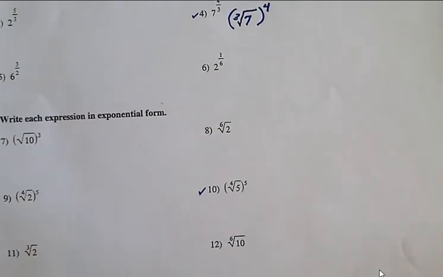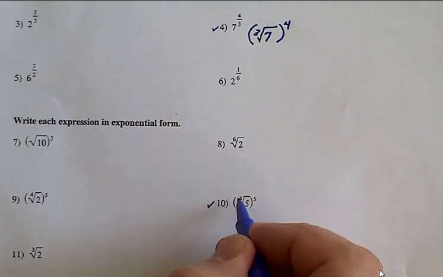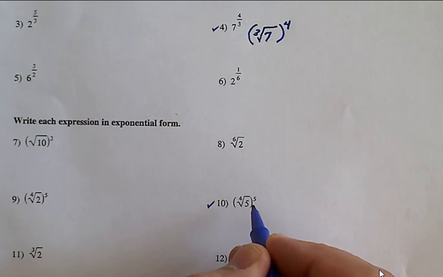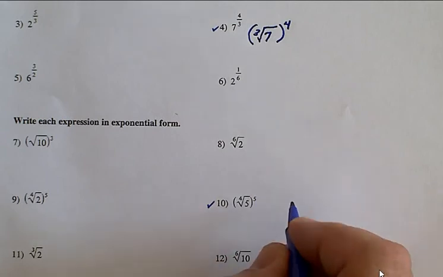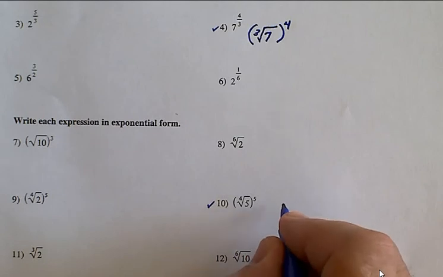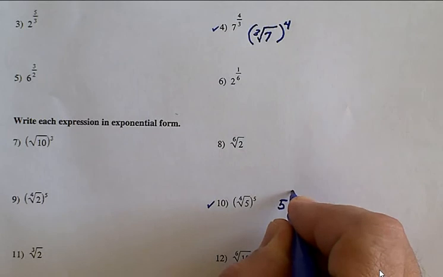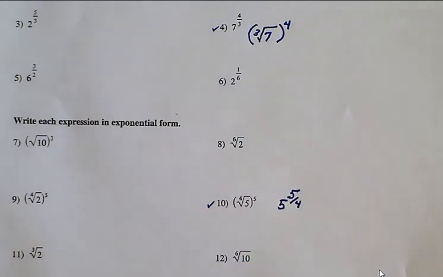On number 10, you have an index of 4, you have a base of 5, you have an exponent of 5. So this would be moving the index up as your denominator. I can write this as 5 to the 5/4 power.